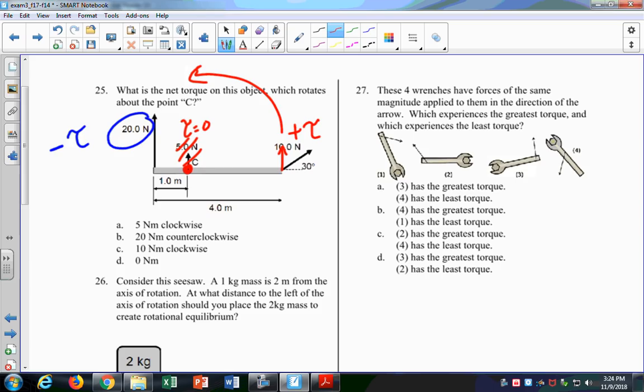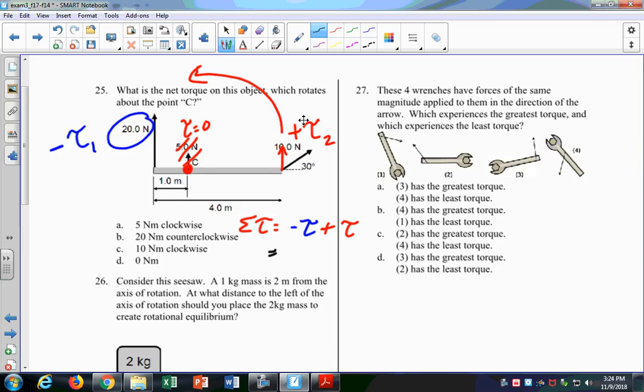So my net torque is the sum of all the torques, which is going to be negative the blue torque plus the red torque. Or we'll call this torque 1 and this torque 2.